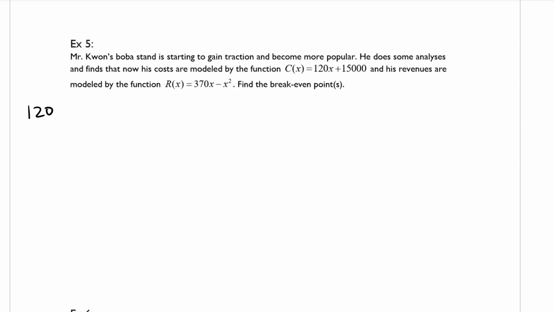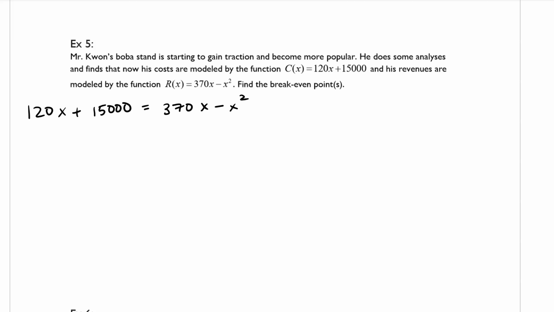we have 120x plus 15,000 is equal to 370x minus x squared. So I'm going to take the stuff on the right hand side and move that over.